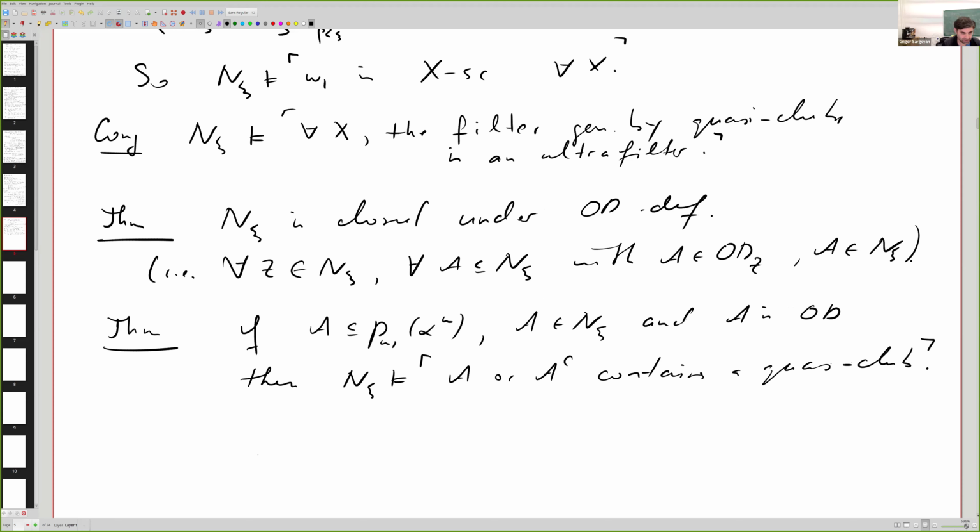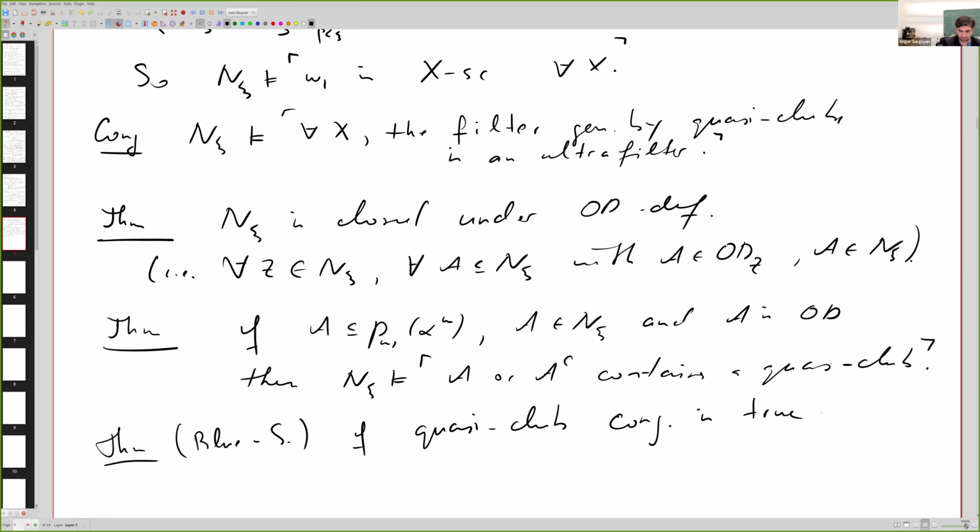So if we know this conjecture, this is the theorem in blue, I guess. If the quasi-club conjecture is true, then N G satisfies SRP.